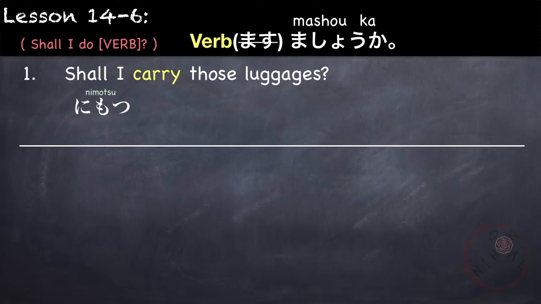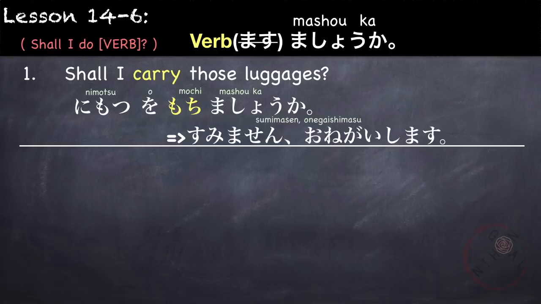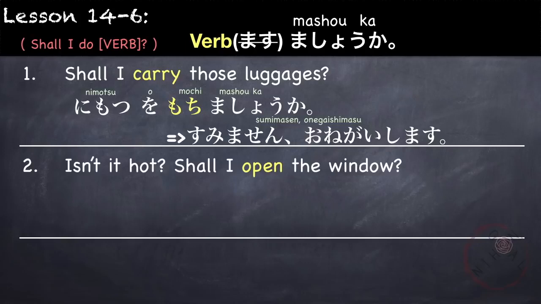Luggages is 荷物を and our verb is carry or 持ちます. 持ち. So we remove ます and add ましょうか. 荷物を持ちましょうか. If you want to say, oh, I'm sorry, yes, please. すみません、お願いします.